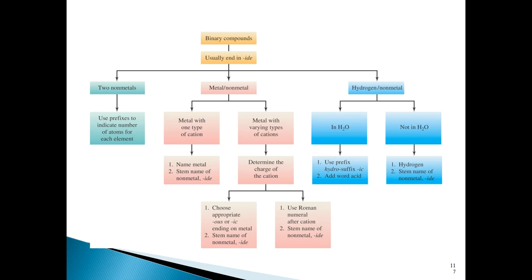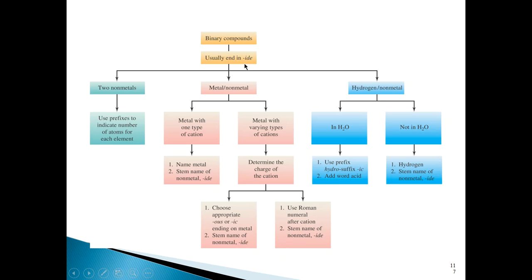All right. Now, this chart that you see on the screen is basically all the rules that we have covered so far when it comes to naming binary compounds, be it ionic or molecular. As stated here, the names of these compounds usually end with IDE.